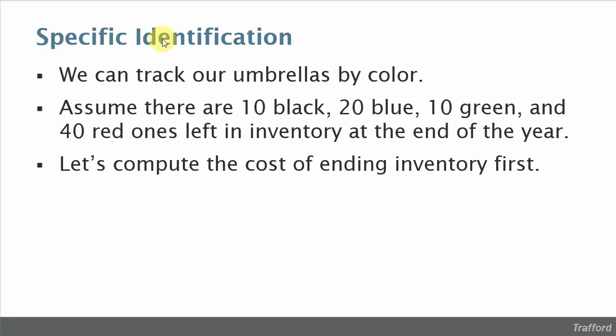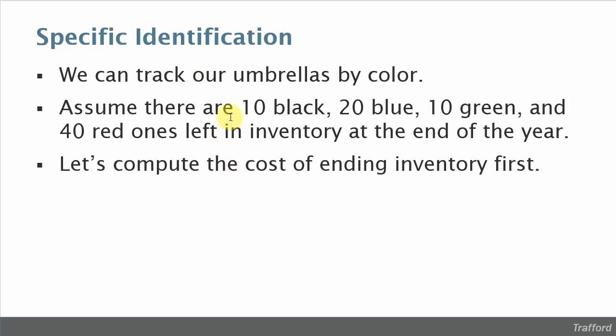As long as we know either which umbrellas were sold or which umbrellas are left, we can back into the other item. So the 10, 20, 10, and 40 up here are ending inventory numbers.